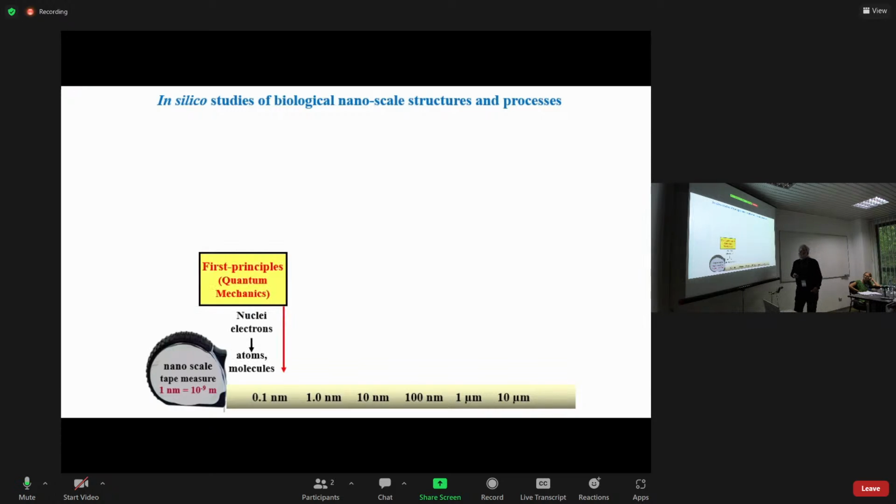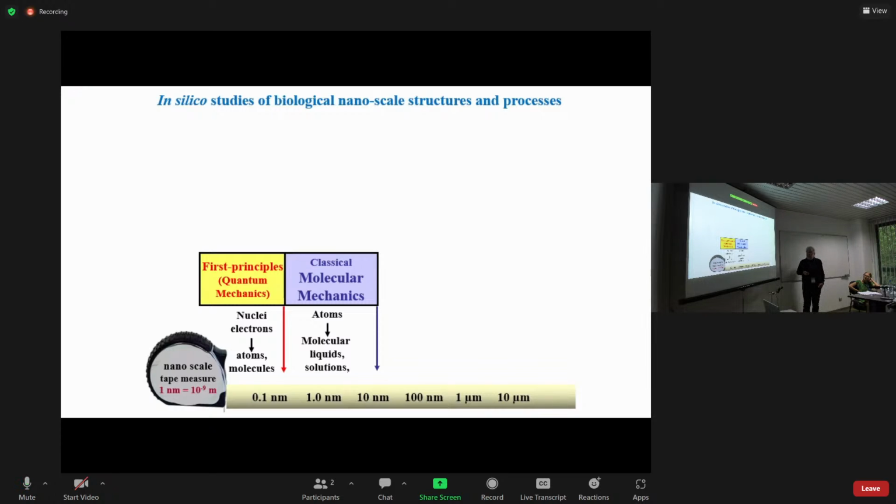Typically, you can start with so-called first principles methods, quantum mechanics, quantum chemistry, where you create atoms and molecules from nuclei and electrons. Beyond that, you go to classical mechanics. You use something called molecular mechanics, which doesn't contain any more electrons, but you have atoms, and from atoms you build molecules and molecular systems, liquids and solids, and so on.